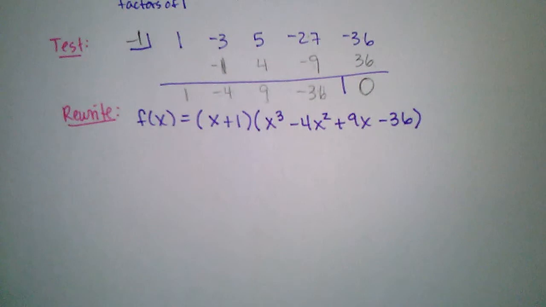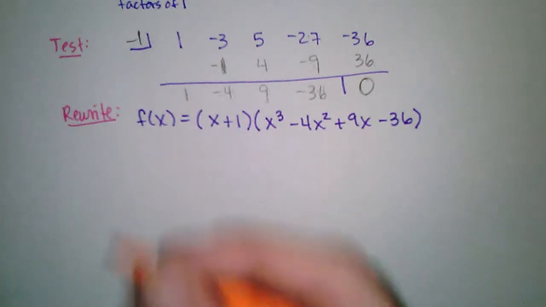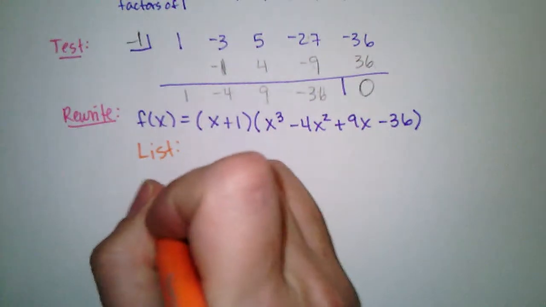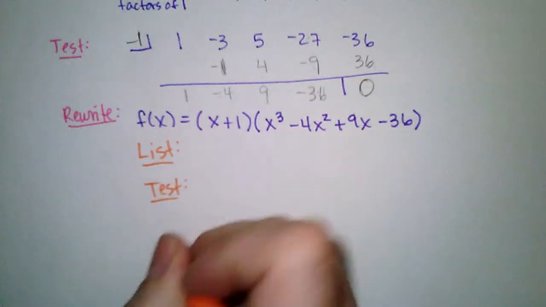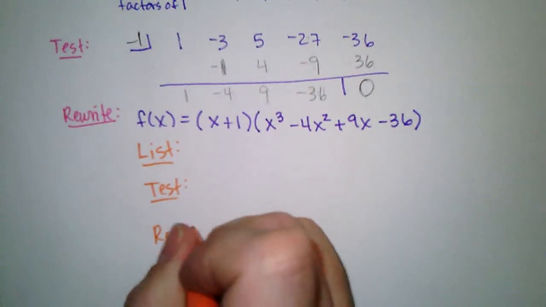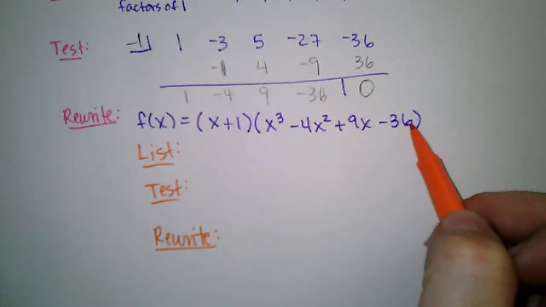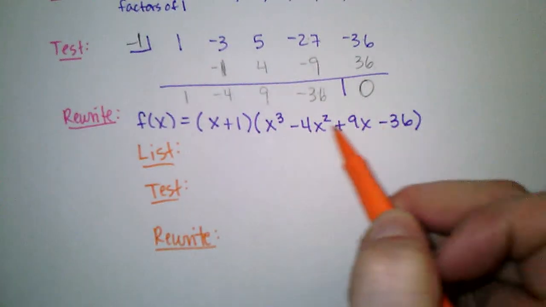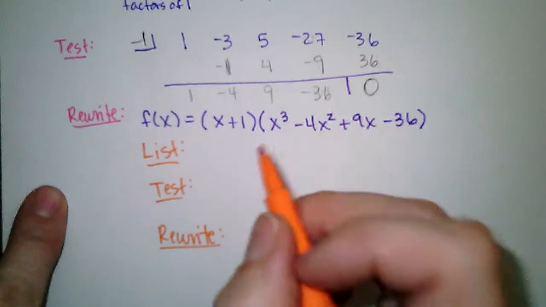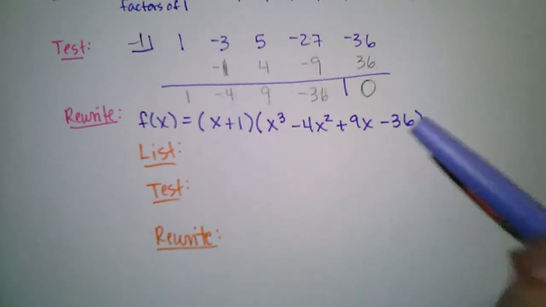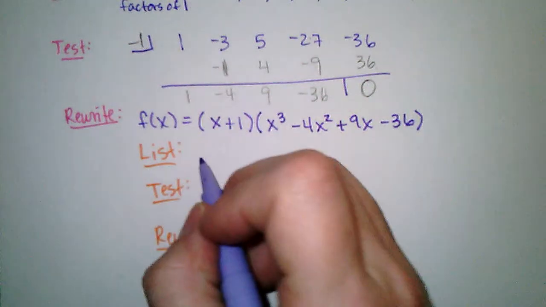And then I'm going to repeat those steps of list, test, rewrite. So I go list, test, rewrite. But this time when I do the list, I'm using this smaller polynomial, which is actually the same list because my constant term and leading coefficient are the same.